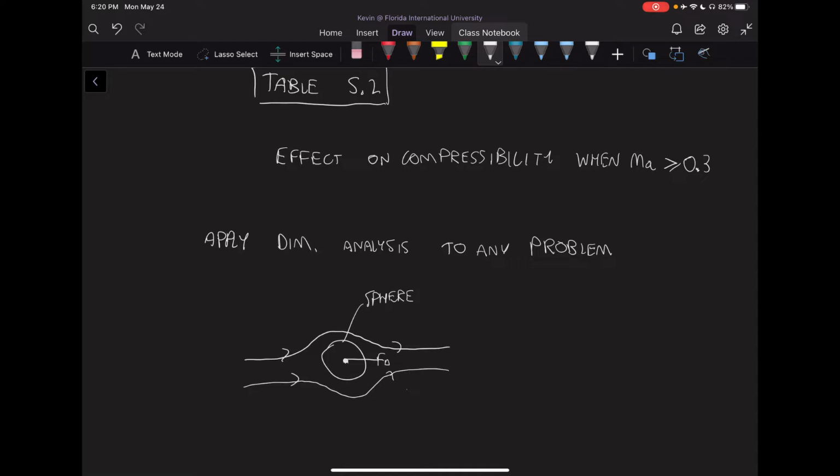Now, if we look at this system, we can say that we have normal flow. So the flow is normal to the sphere. Okay, it's going towards the sphere. We can say that the normal force created by this flow is equal to the drag force.